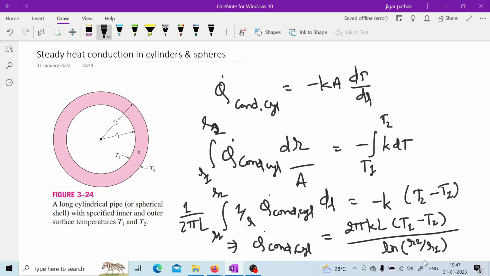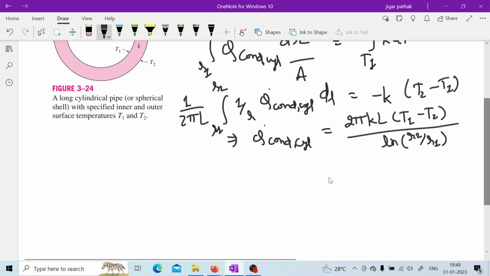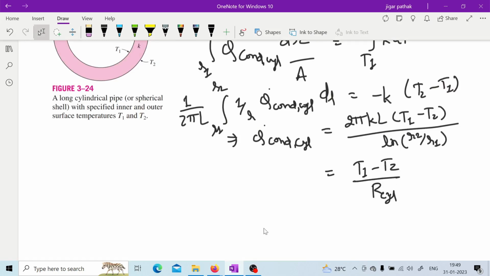This is how it is given in the cylindrical case. As we have seen earlier, the resistance of the cylinder is R cylinder equal to ln (R2 by R1) upon 2 pi KL.